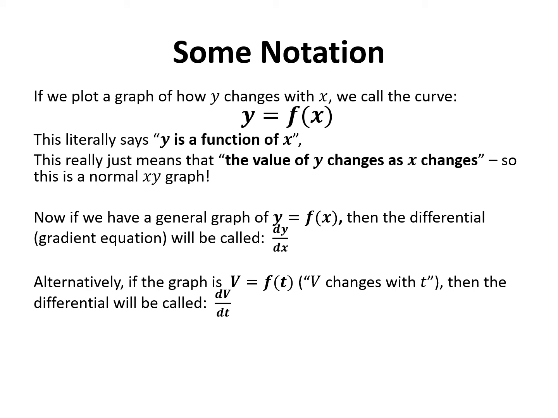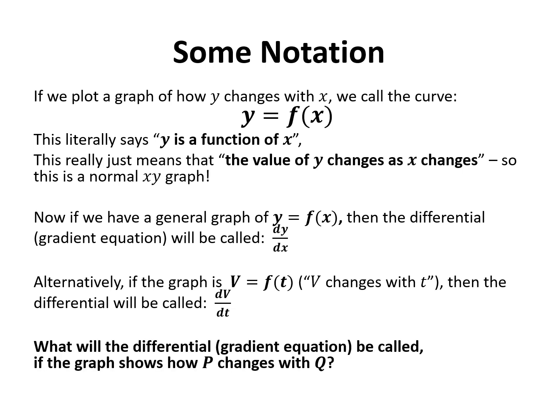V might change with t, like velocity changing with time. And then you'd say v is a function of t, or v changes as t changes. If that's the case, then instead of using that symbol dy by dx, we'll now be using dv by dt. To be honest, it won't happen very often. Most of the time we'll be using dy by dx. But you might meet other letters sometimes. So for example, what do you think the symbol would be if it was a graph of p changing with q? Well, I think that's fairly obvious. It's going to be dp by dq.